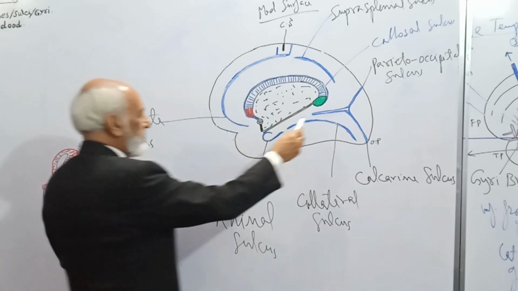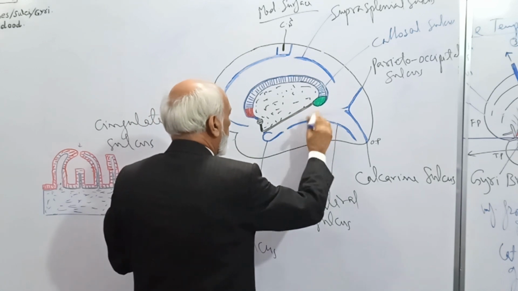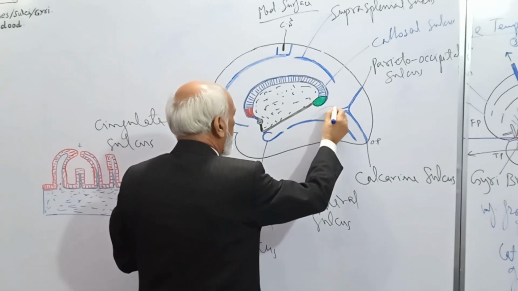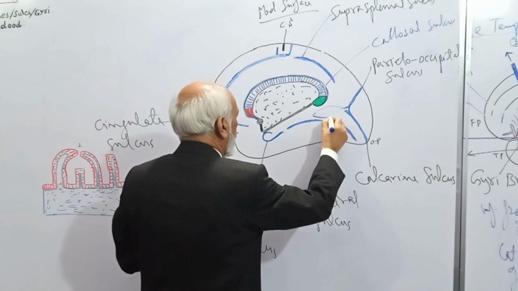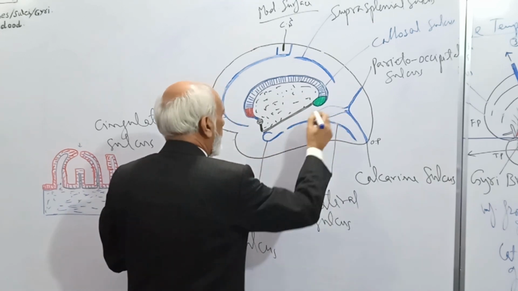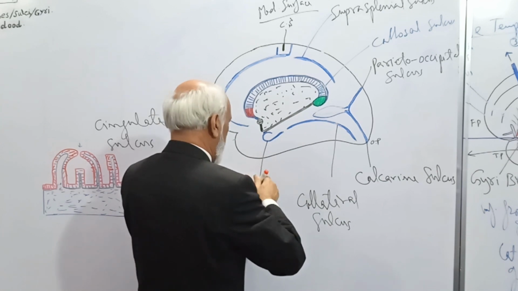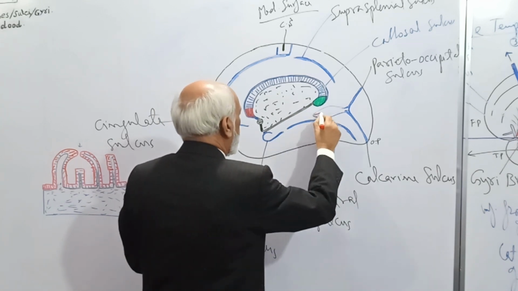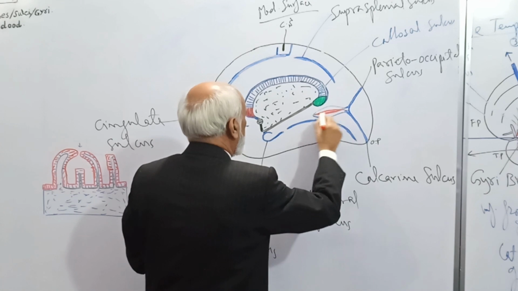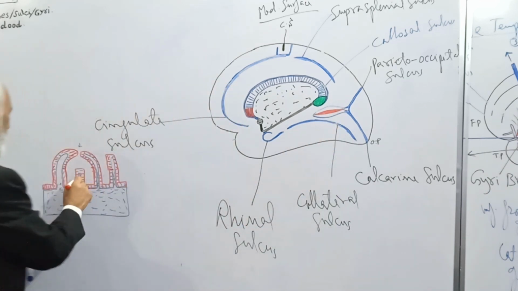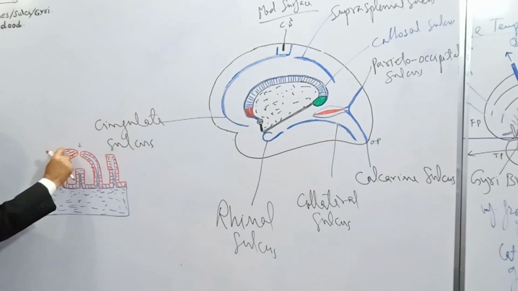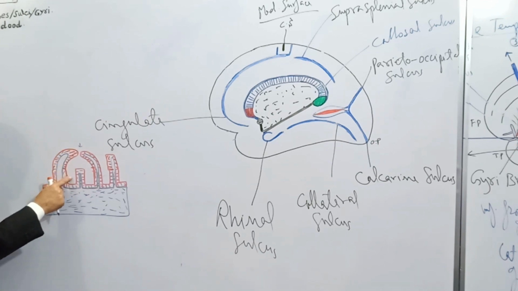like this. But if you move the lips of this sulcus upwards and downwards, then you will see here in the center there is a gyrus, like this. So because these two gyri are overlapping this gyrus, one cannot see this sulcus and gyrus in the center.